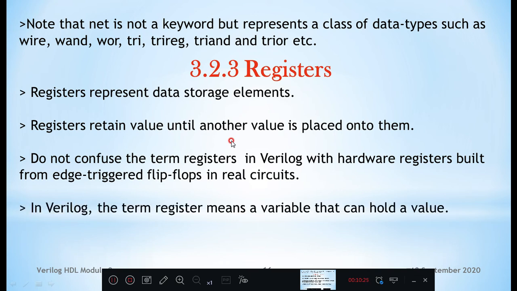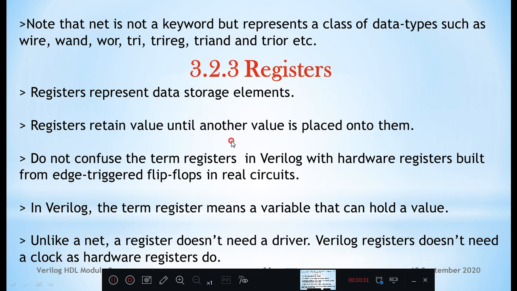In Verilog, the term register means a variable that can hold a value. Unlike a net, a register does not need a driver. Verilog registers do not need a clock as hardware registers do. So a register is somewhat similar to a variable declaration in C, nothing to do with flip-flops or latches.